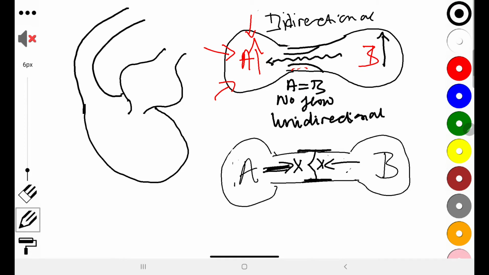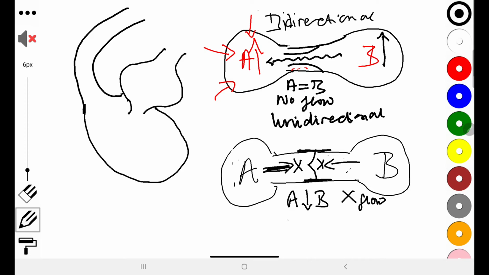So you find that for content in A to get into B, the pressure in A has to increase. So if the pressure in A is less than the pressure in B, there will be no flow.